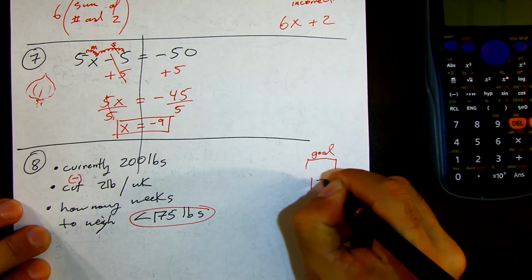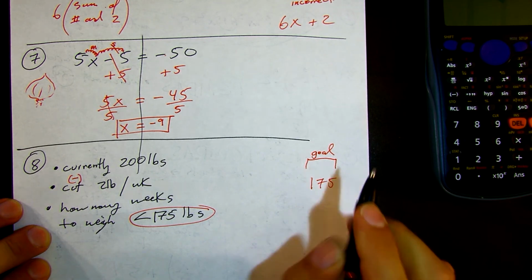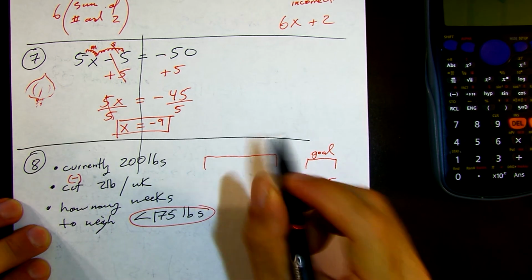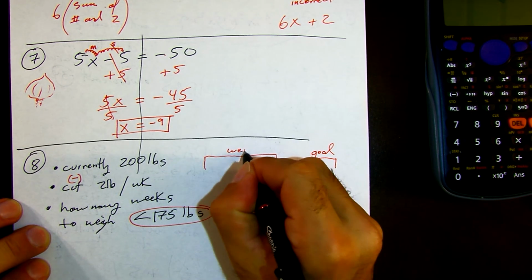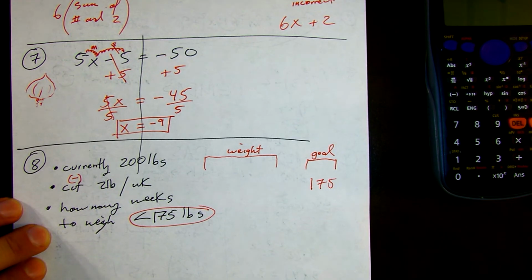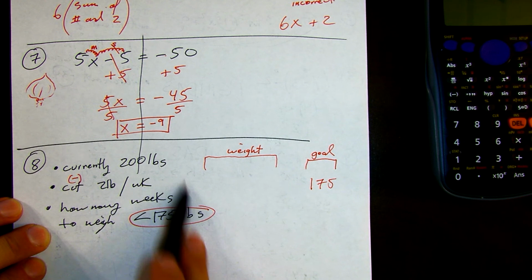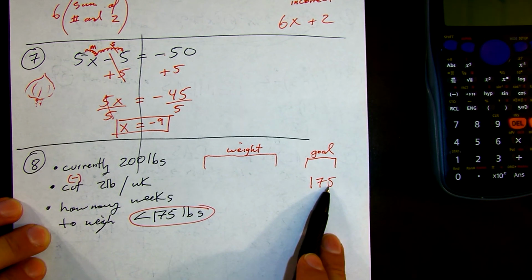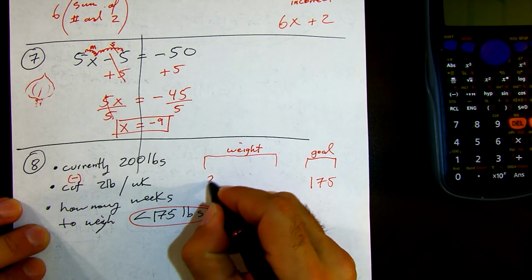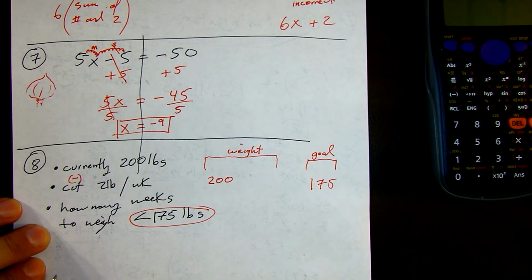How many weeks to weigh less than 175? We always set it up here where we have the goal. Our goal is 175, and it's actually less than 175. Here is going to be our weight. Now, all of this weight, when we combine it all, has to be less than 175. Okay, so watch.